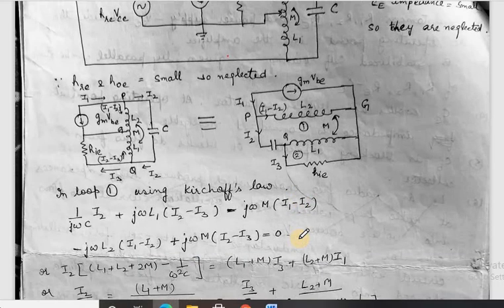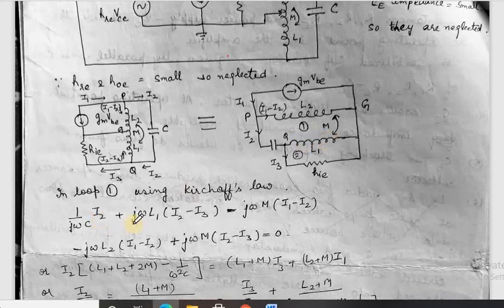So first of all we will be taking loop 1. In loop 1, using Kirchhoff's law, we can write the Kirchhoff equation. We'll start from here with the capacitor. For the capacitor we can write 1 upon j omega c into the current flowing, I2, so 1 upon j omega c I2.